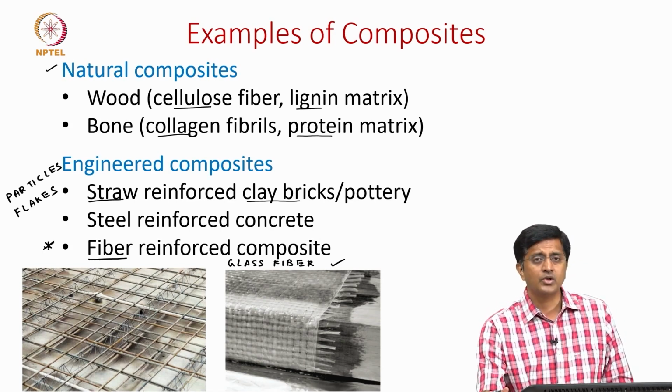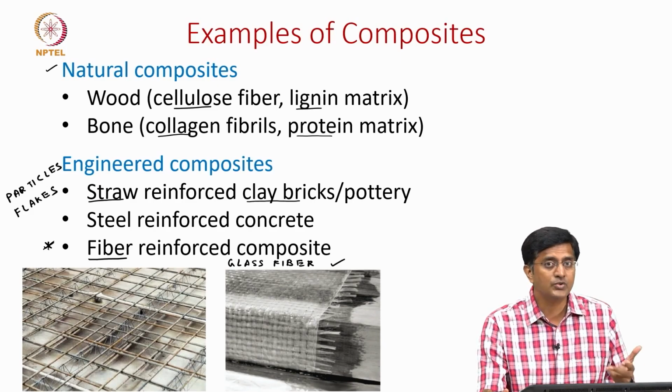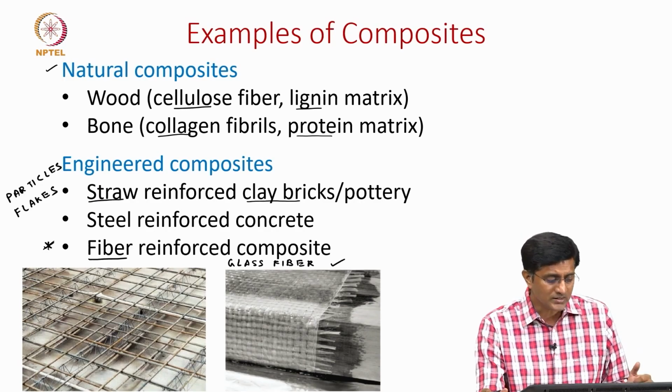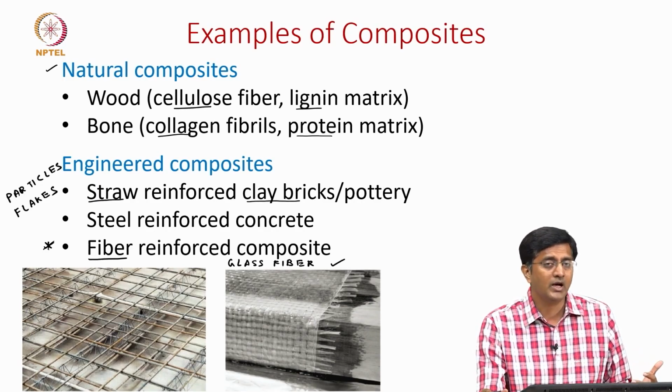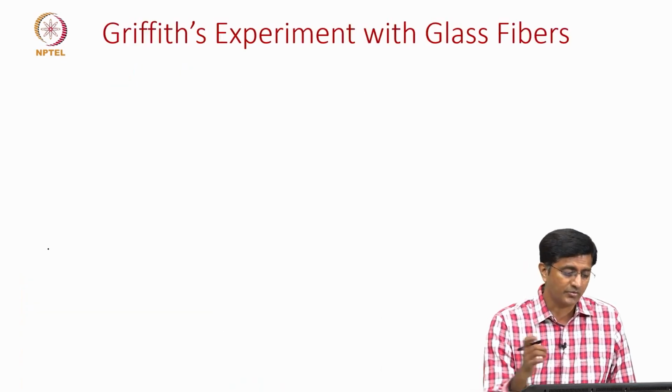But now the question to be asked is, why are fiber reinforced composites so good, and what is the reason behind using fibers in these composites? To answer this, many people have studied, but one of the earlier studies is by Griffith.